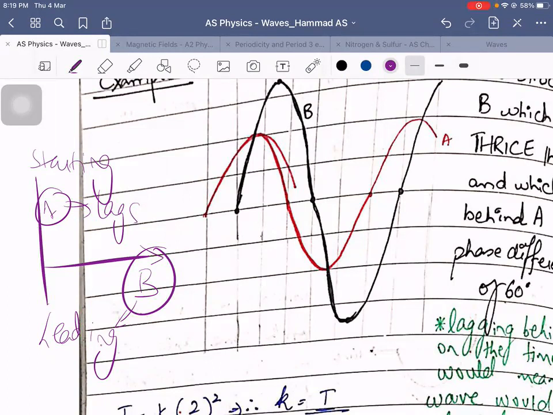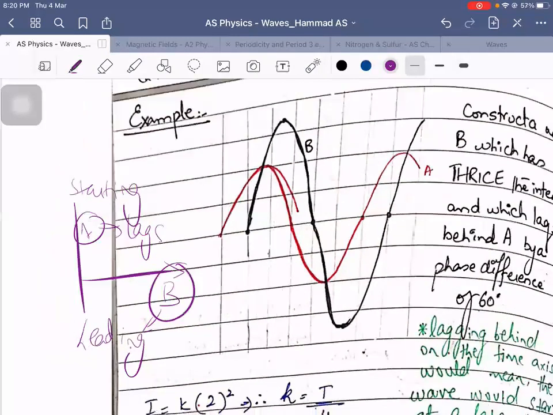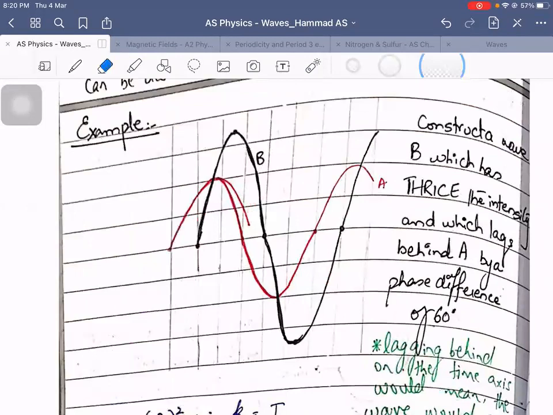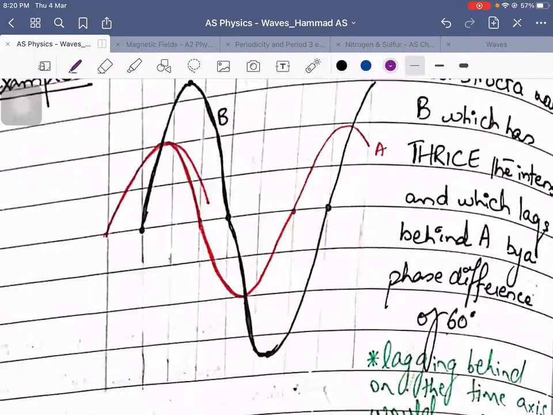Meaning to say the wave that has crossed a larger distance or has worked on a shorter time is the one leading the race as compared to the other one, right? How do they give you a question? Let's say you have wave A, right? That was given to you. It's a graph drawn. You need to understand that each box corresponds to a unit of 1.